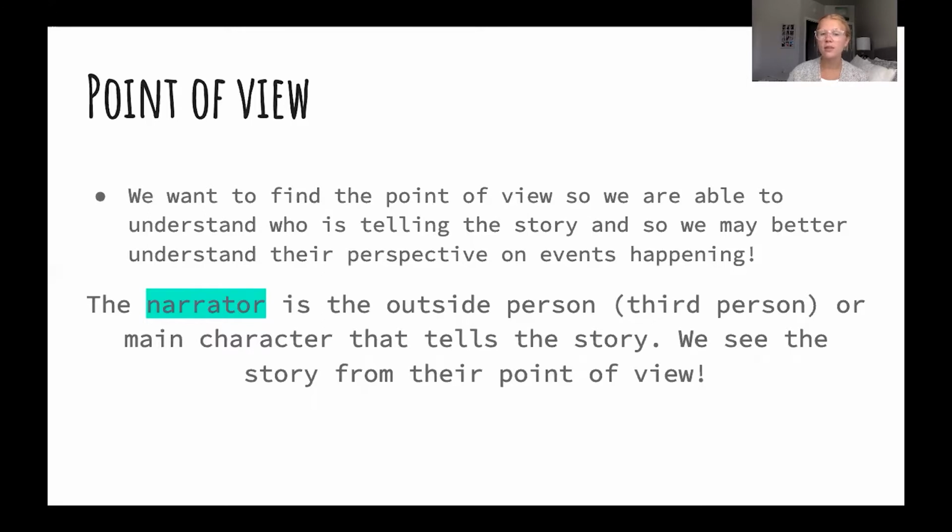So the narrator can be an outside person, and when the narrator is an outside person, that means our text or our story is being told in third person. And if the narrator is the main character that is telling the story, then we are looking at a first person text.